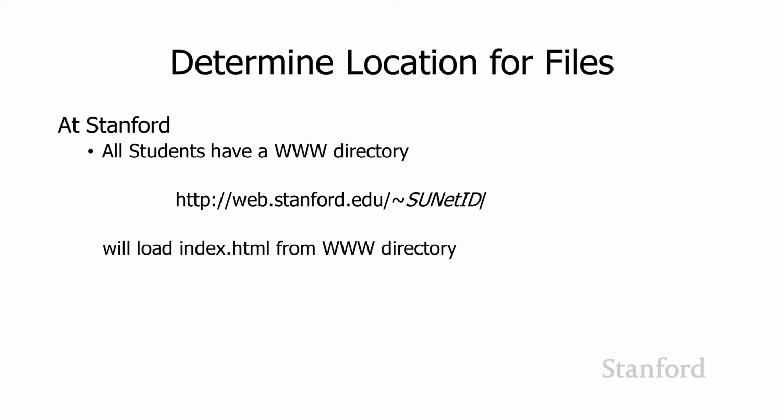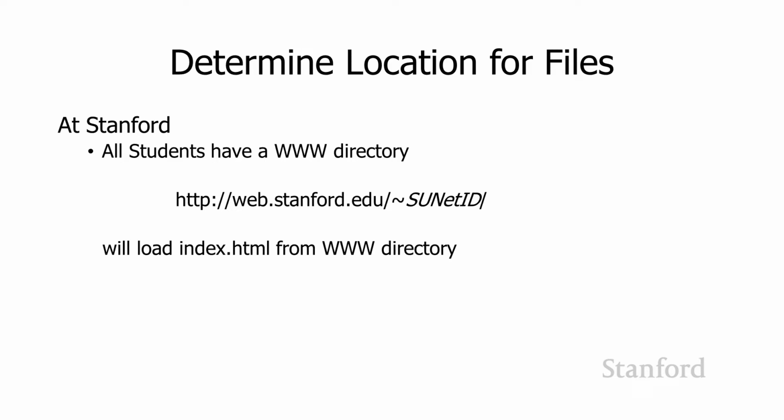If you put something in the www directory, people will be able to access it using the URL I've put here: http://web.stanford.edu/~ and then whatever your SUNet ID is. And then if they just end it with a closing slash, it will load the index.html, as we talked about in a previous video. That's the default at Stanford, loading index.html.